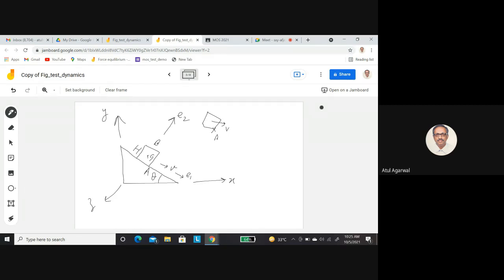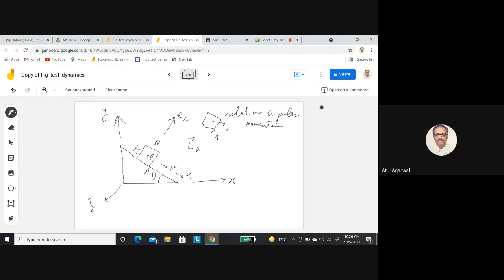So if you want to find angular momentum related to point A, it's a relative angular momentum. We are not talking of the absolute linear momentum.